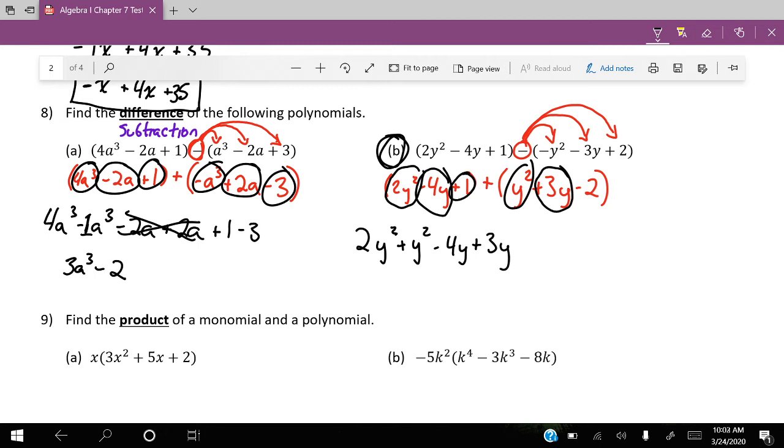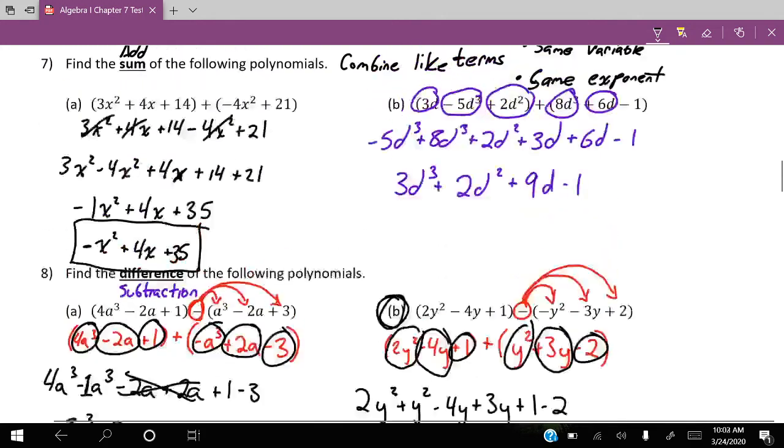And lastly, plus 1 minus 2. All right, 2y squared plus y squared is 3y squared. Negative 4y plus 3y is negative 1y, or simply negative y. And 1 minus 2 is minus 1, or a negative 1. So that is number 8.